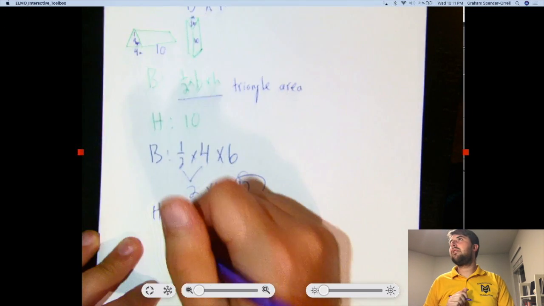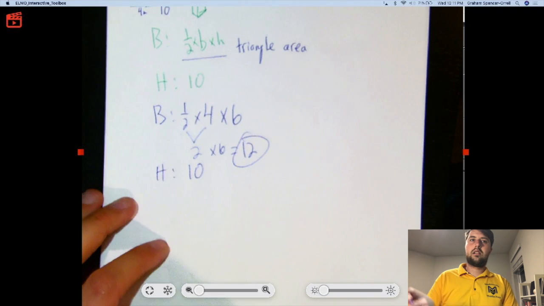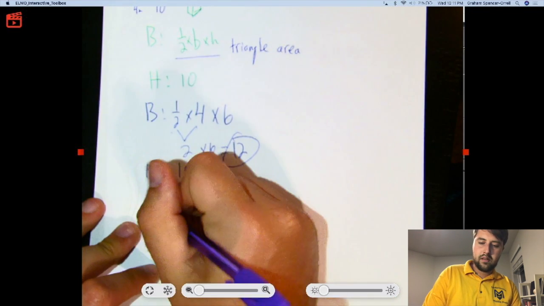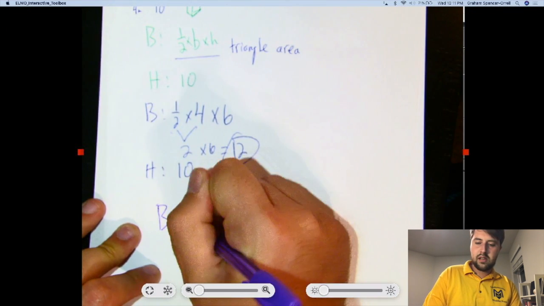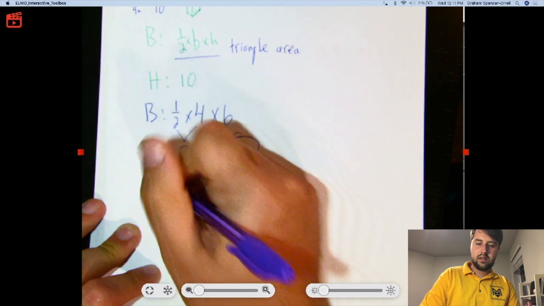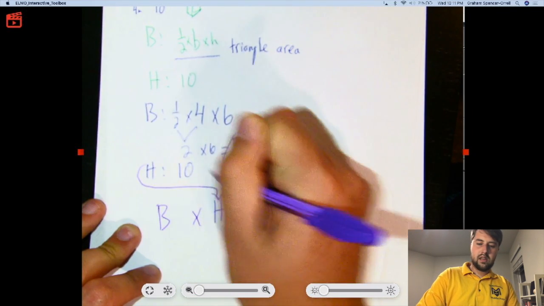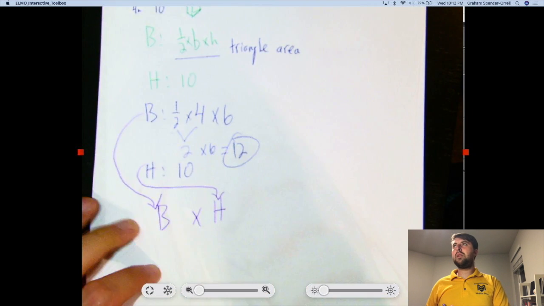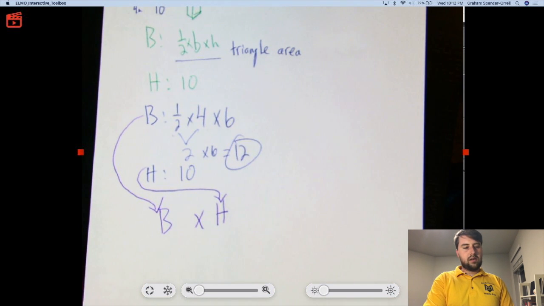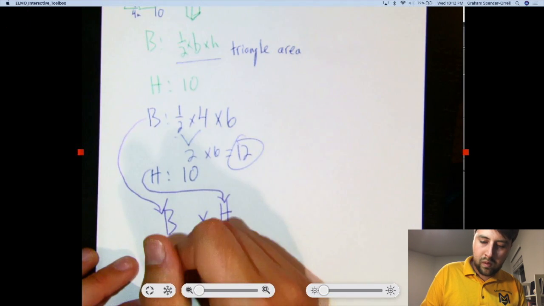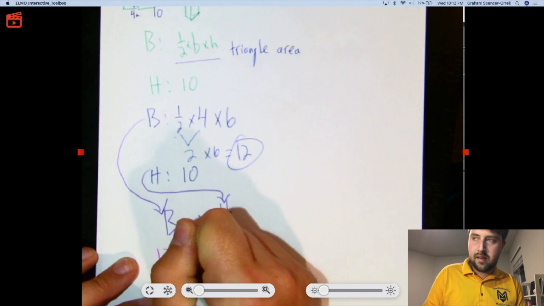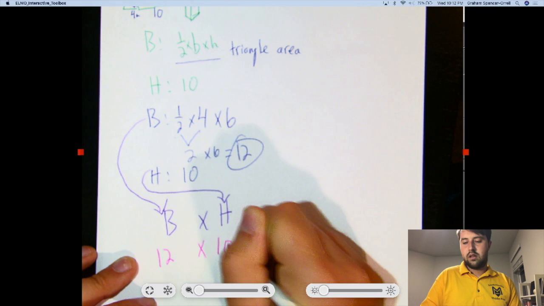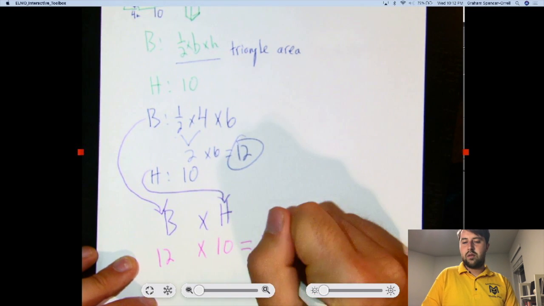We have B times H, with this 12 substituted in for B and 10 in for H. So I'm going to rewrite our equation as 12 times 10, and solving that out equals 120.